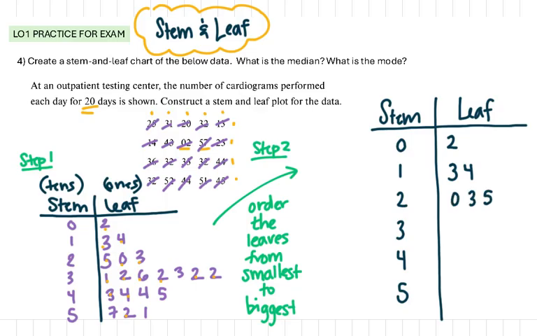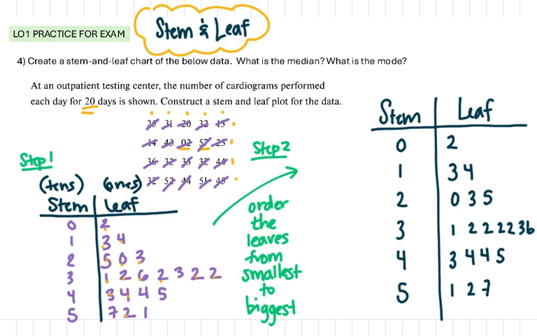The 30s are going to go 31, and then there's 1, 2, 3, 4, and then 3 and 6. And then the 40s are going to stay 3, 4, 4, 5. And the 50s is 51, 52, 57.